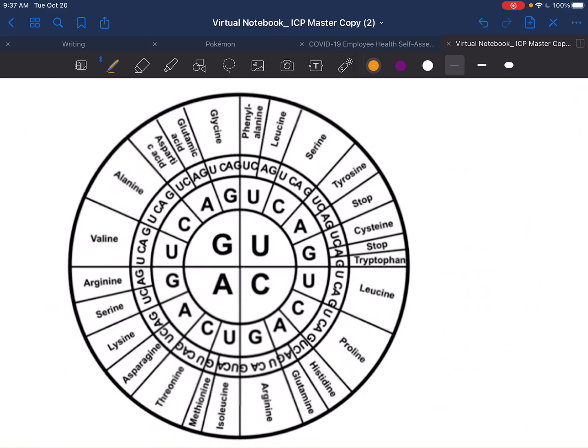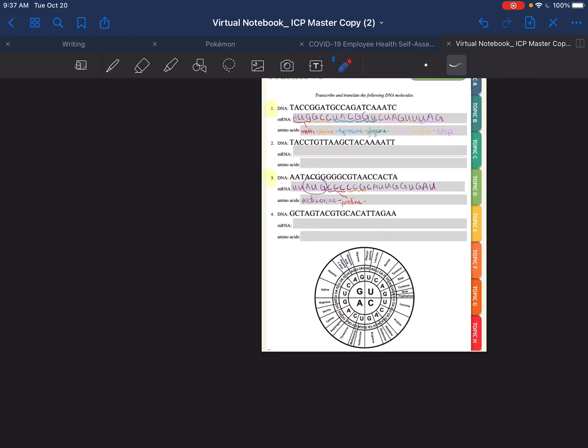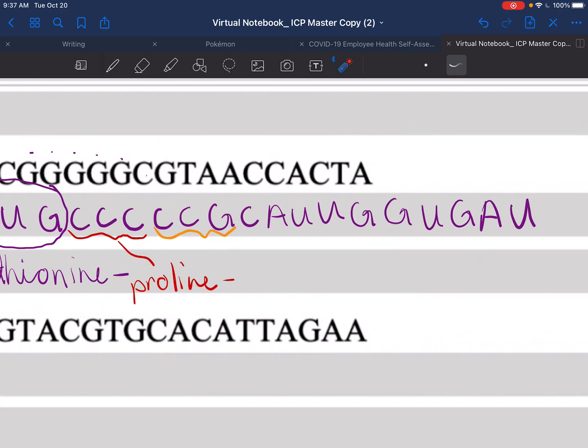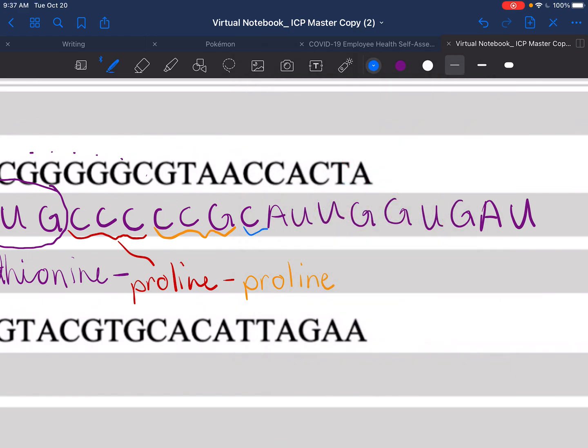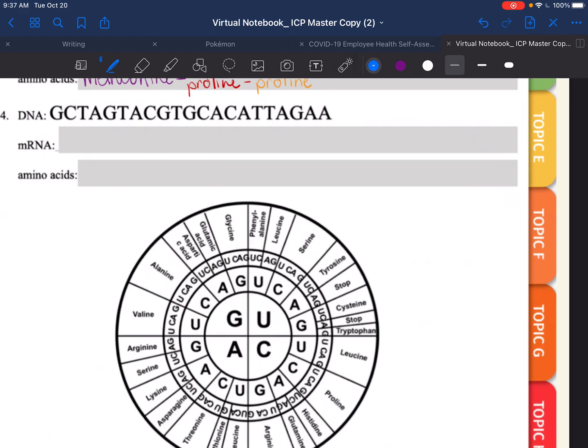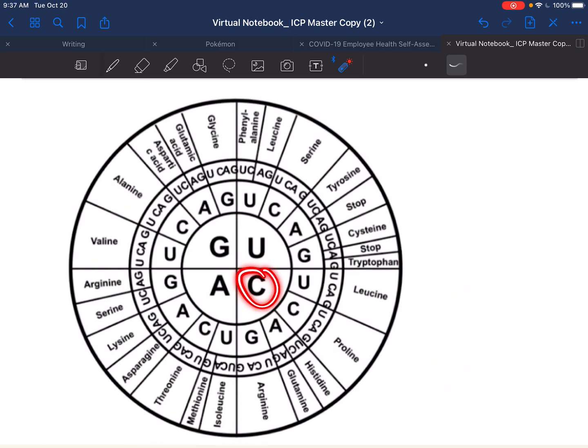So every animal on Earth turns CCG into, oh, look, proline again. That's kind of a fun thing about this, is that there are multiple codes for every amino acid. Because look, CCC gave us proline, and so did CCG. Our next codon is CAU. CAU is histidine.